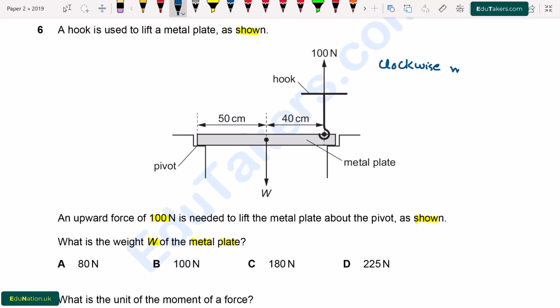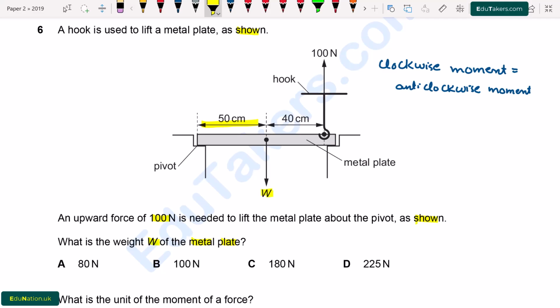Clockwise moment is equal to anti-clockwise moment. We see here the weight of this object is acting downward and the distance of this weight from the pivot point is 50 centimeter.